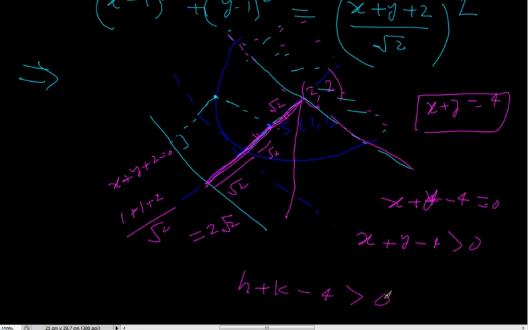But one thing is given, like the point (h, k) should be on the axis. This is my axis, so h would be equal to k for this axis.